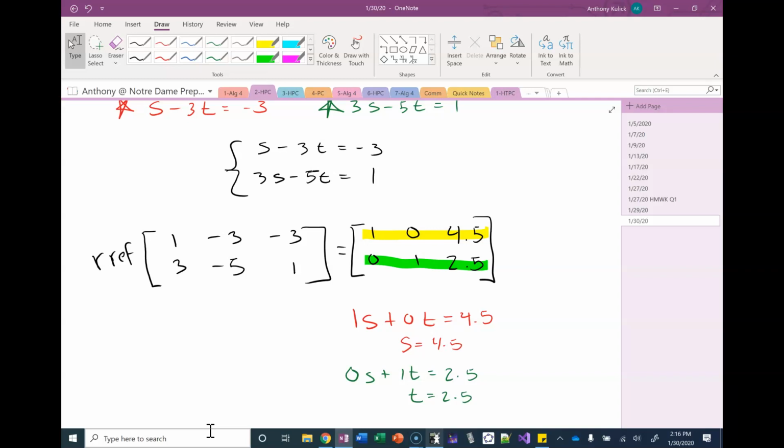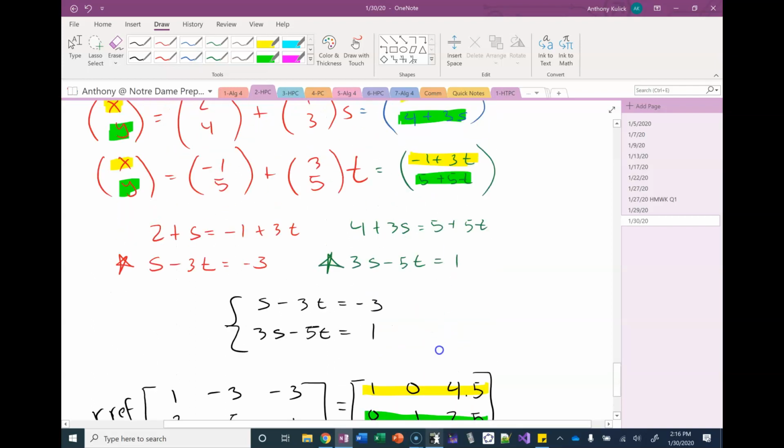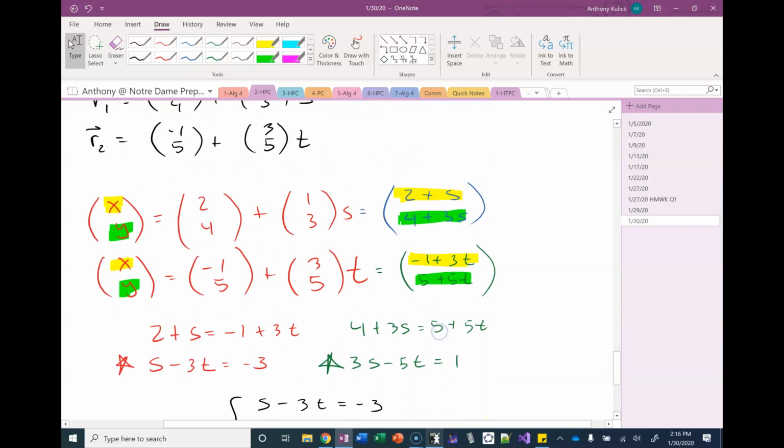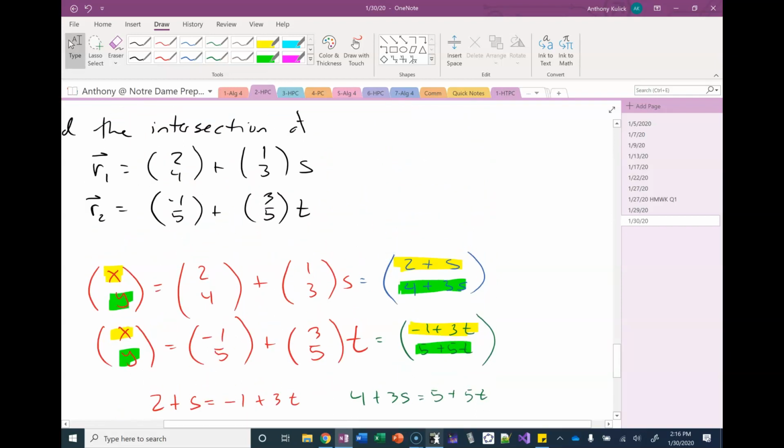Now, is this my final answer? Is this the point? No. What do I need to do? I need to go back to one of these two vector equations. It does not matter which one, and plug in either s or t, it does not matter which one, into the equation to get the result.